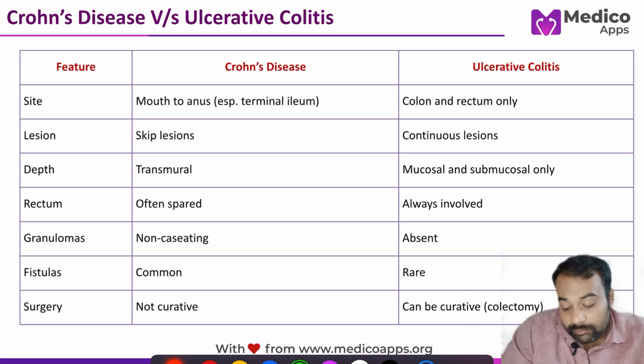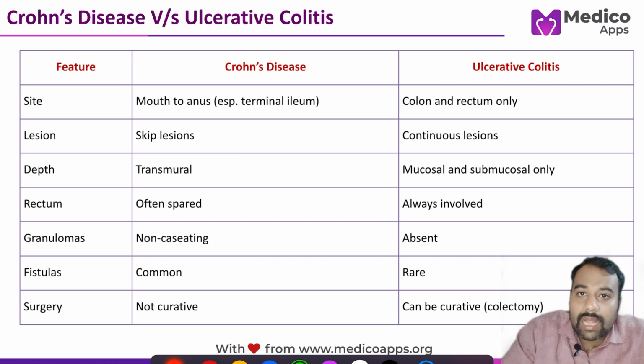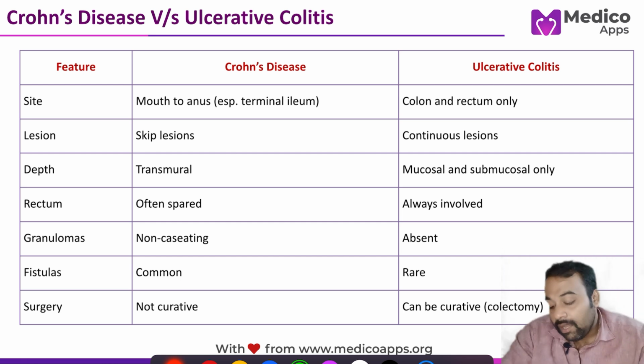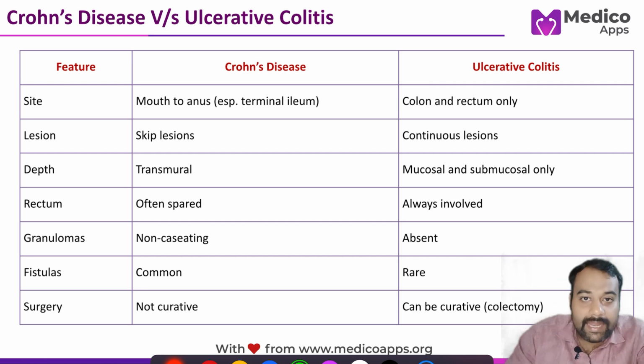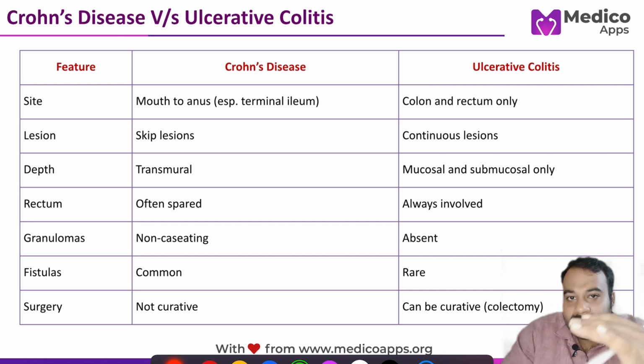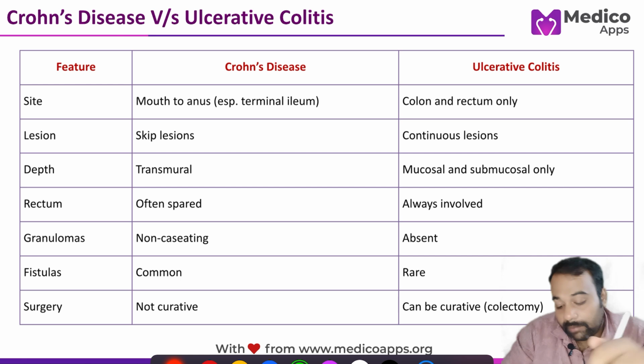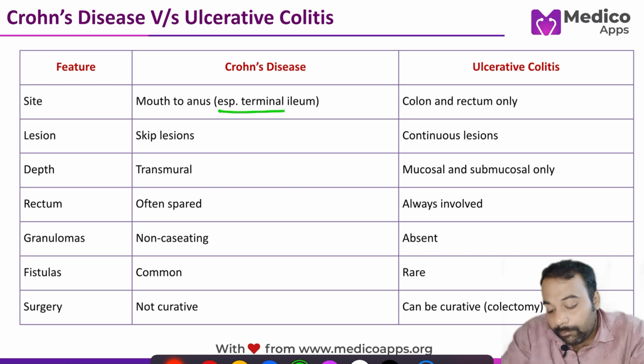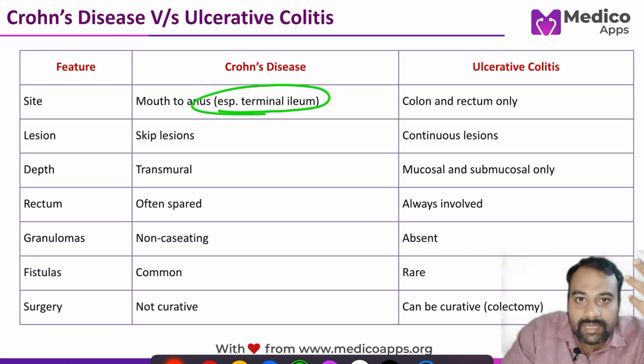Okay, so let's see the differentiating features between Crohn's disease and ulcerative colitis. Look, in Crohn's disease, as I have mentioned, it can involve anywhere from the mouth to the anus, but typically the most common site is the terminal ileum.